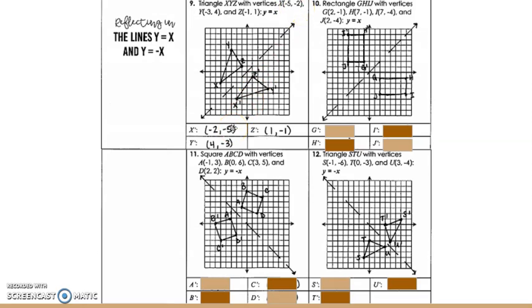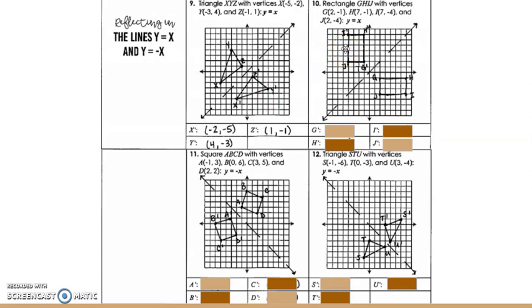The image for X prime is -2, -5. Same thing happened with our Y's. Y was -3, 4. Y prime is 4, -3. So if it's a little hard for you to see the counting with the line of reflection, you can try getting your new points that way.